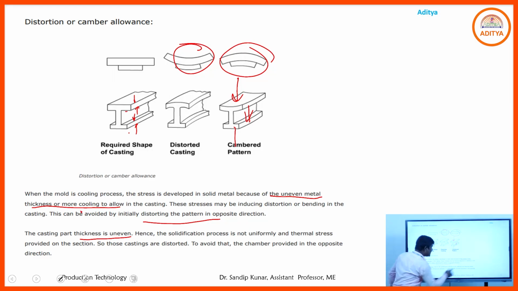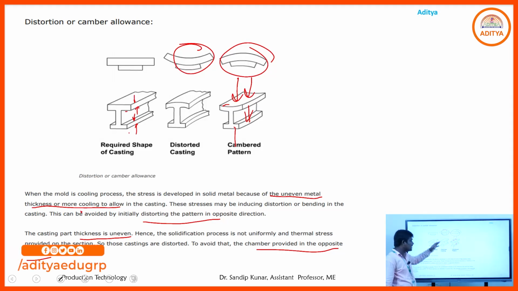Sometimes we use some camber to give a straight shape to the product. If we consider it will bend in a particular direction, we provide the camber in that direction, and due to the camber it will not bend to that side. In that way we avoid the distortion allowances.